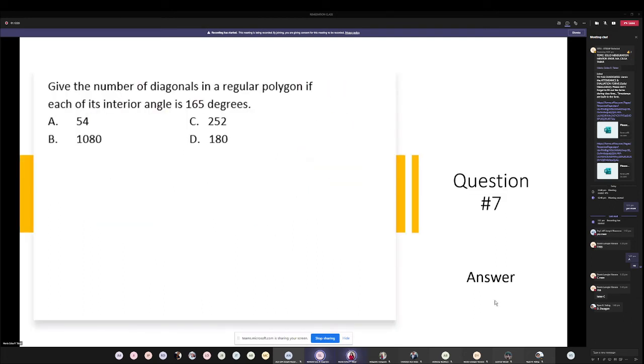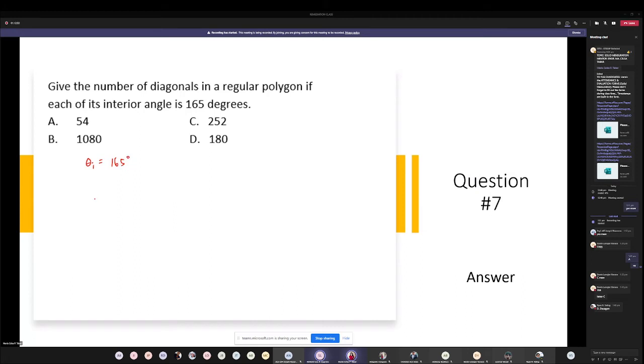Next: give the number of diagonals in a regular polygon if each of its interior angles is 165 degrees. It's similar to the previous question, but this time the given quantity is already the interior angle, which is 165 degrees.